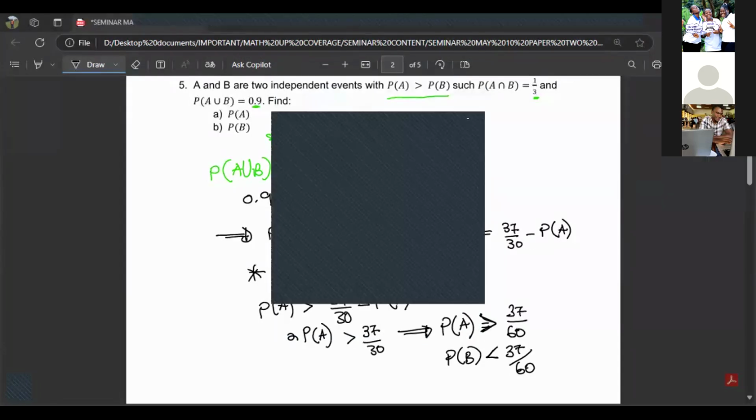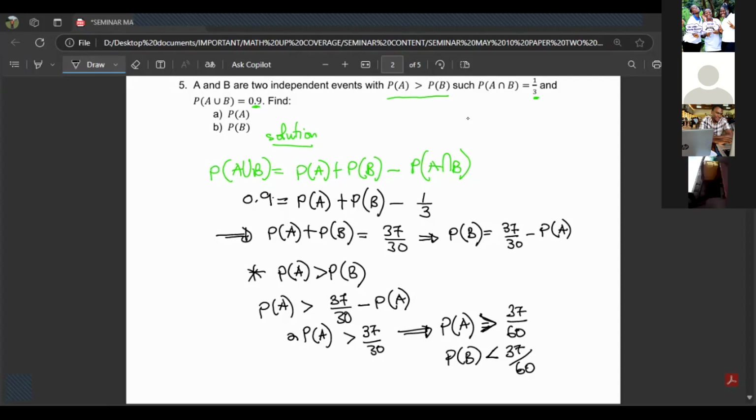Okay, so I got lost on the part where you said the probability of A is greater than 37/30 minus the probability of A, and also where 37/60 came from. Okay, we had that the probability of A plus the probability of B is giving us 37/30.